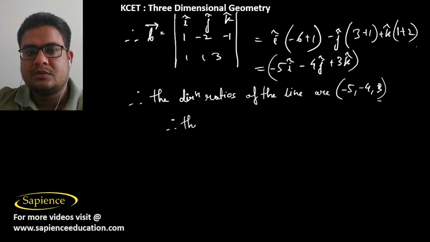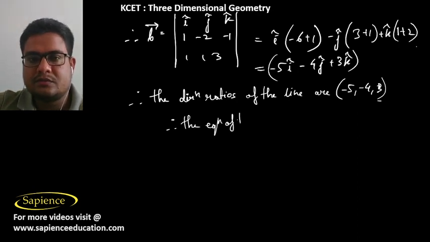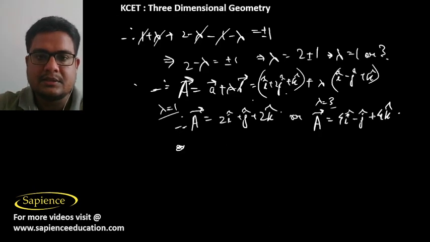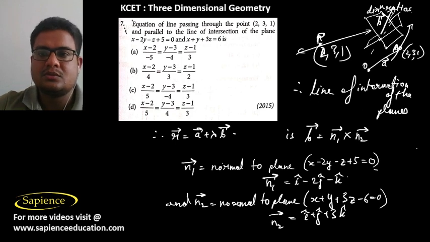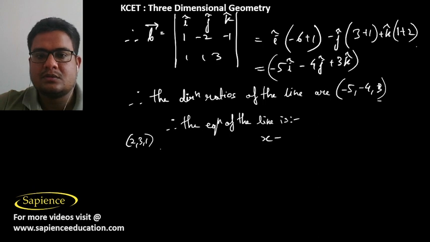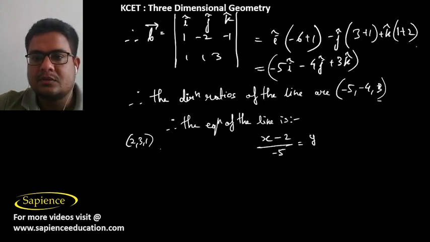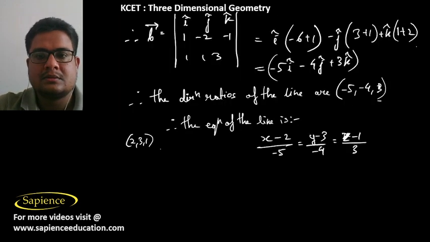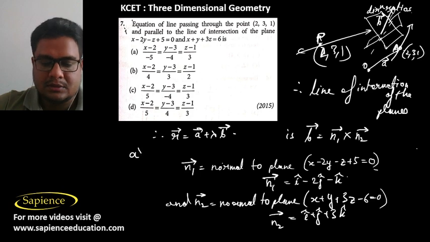Therefore the equation of the line, which is passing through (2, 3, 1), is (x minus 2) by minus 5 equals (y minus 3) by minus 4 equals (z minus 1) by 3. So option A is the correct answer.